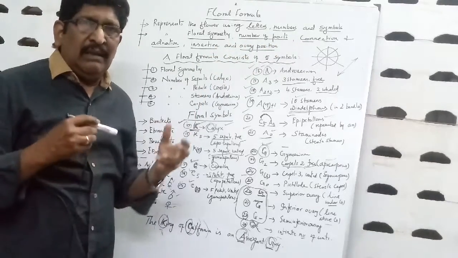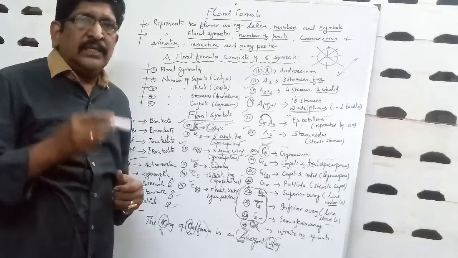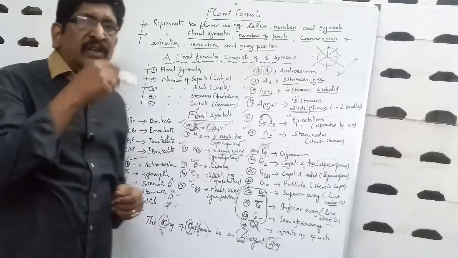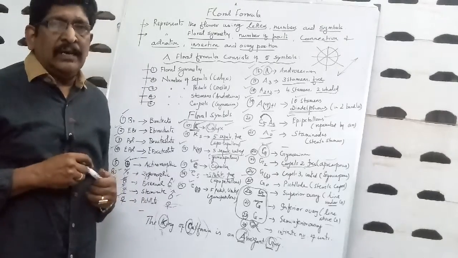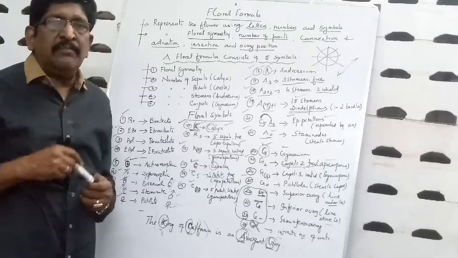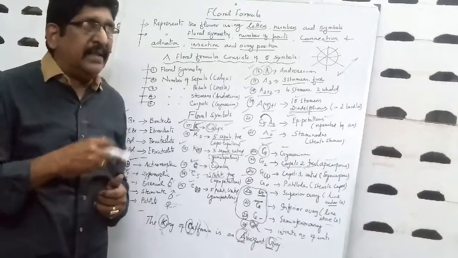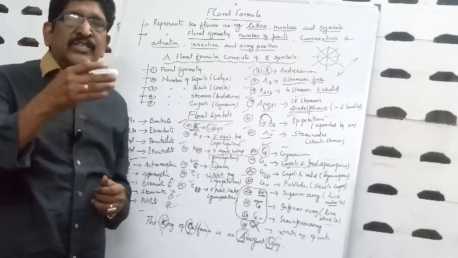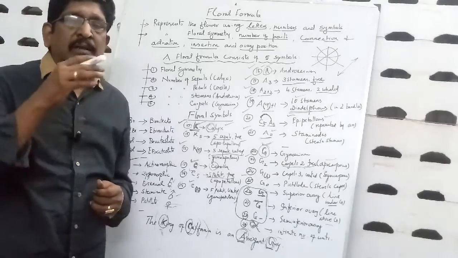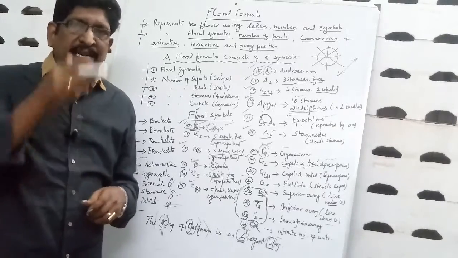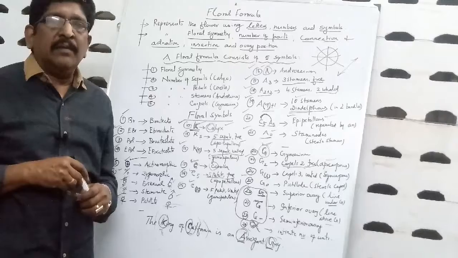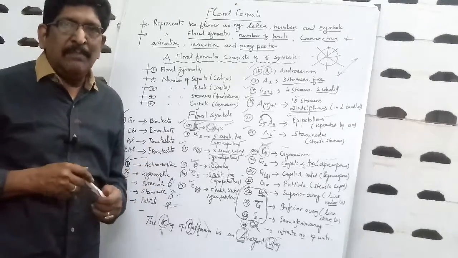For example, letters. First of all, you must know there are four whorls of the flower. Calyx, the outermost whorl, made up of sepals. Corolla, the second whorl, made up of petals. And androecium, the third whorl, made up of stamens. And the innermost whorl, gynoecium, made up of carpels or pistils.